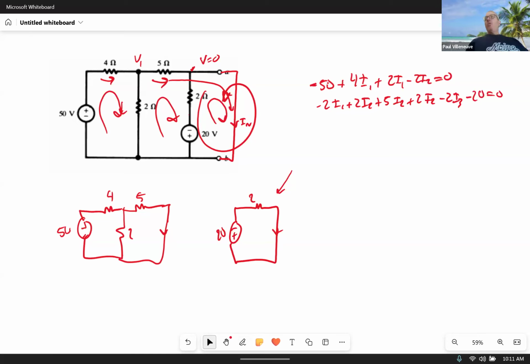My last loop now, going in the other direction, this is an actual voltage drop. So that becomes a positive 20, not a negative 20. And that becomes plus 2I3 minus 2I2, and that sums to 0.